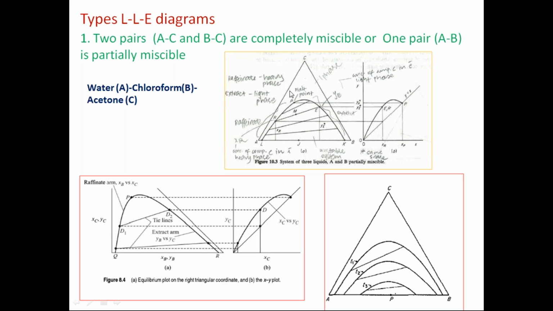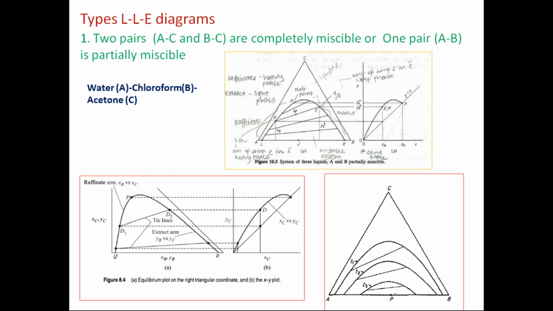So you should understand that at a plait point the separation is not possible. We'll put in a separate term for it once we discuss further. Right now you can understand that the plait point is a point at which the tie line becomes 0.